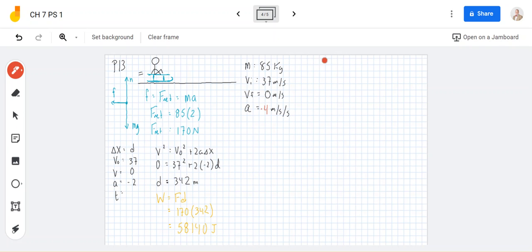One thing you'll notice here is that now if I go to calculate the net force, the force is much greater because it's going to be 85 times the 4. And so 85 times 4 is going to be twice that. So how about 340 newtons? So twice the force.